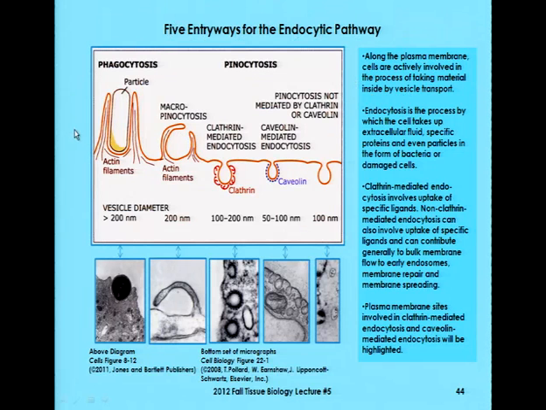The 5 major pathways are phagocytosis, macropinocytosis, clathrin-mediated endocytosis, caveolin-mediated endocytosis, and pinocytosis that is not mediated either by clathrin or caveolin. Now, today in lecture we're going to focus on clathrin-mediated endocytosis, and also we'll be considering the caveoli.